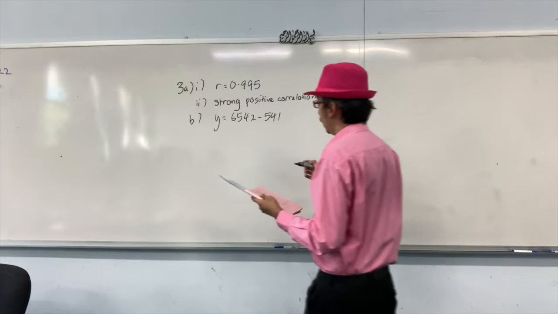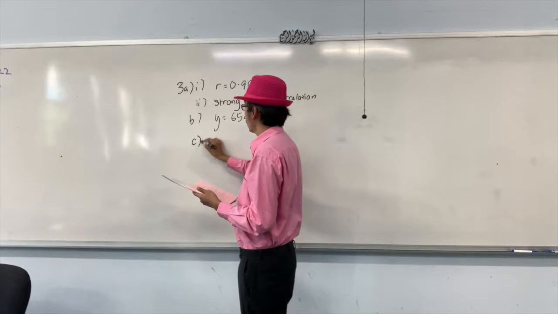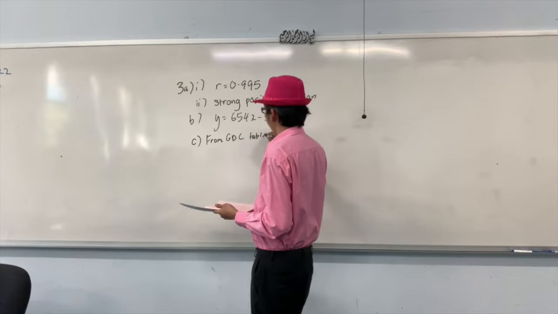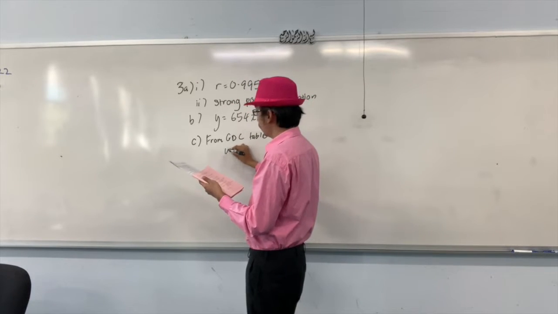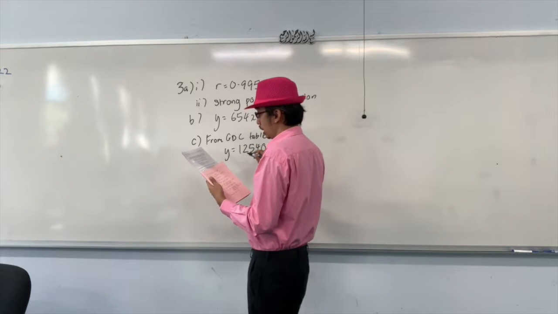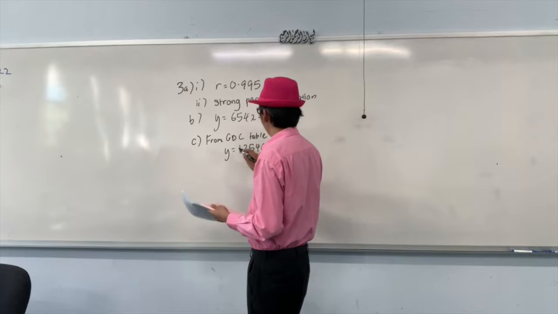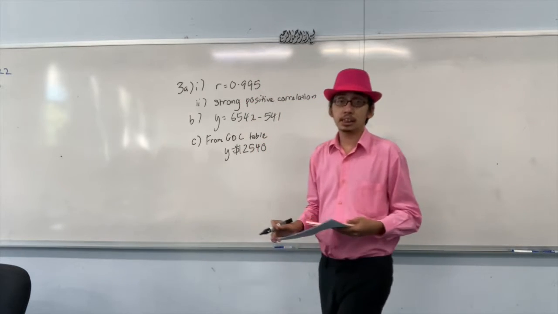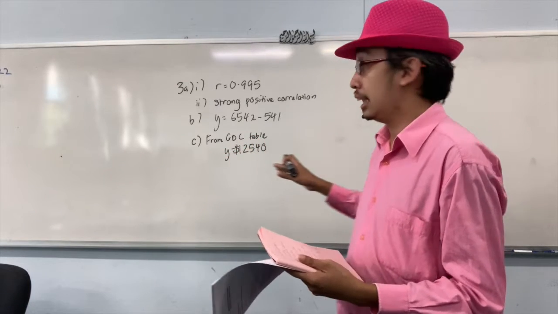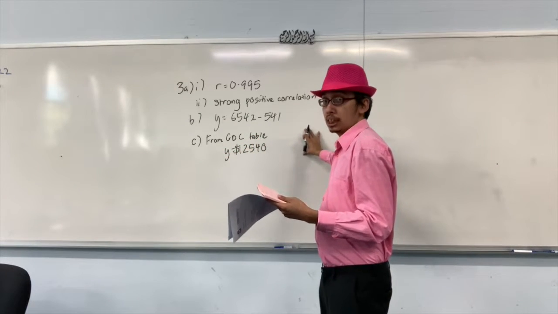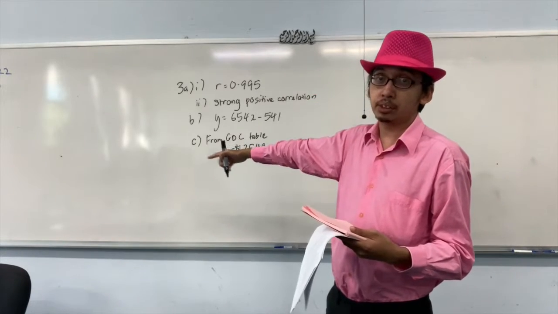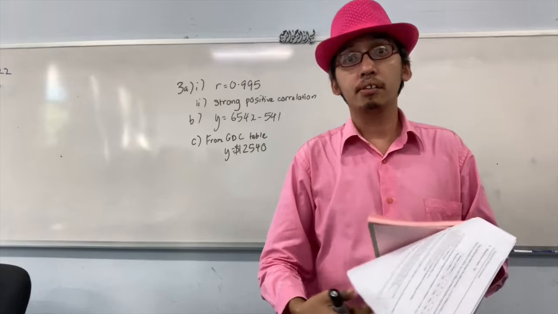Straight away you know from the table that Y is equal to 12540. This is revenue, so it's in US dollars. Please take note that in exams you need to write down the table, write down 3 numbers, and make sure 12540 is in the middle.